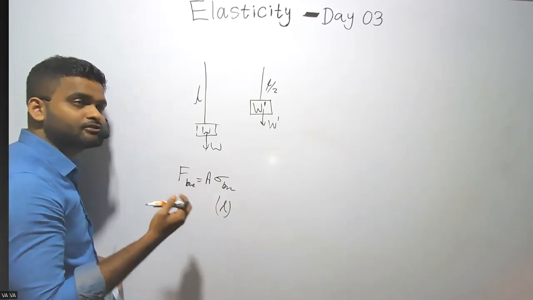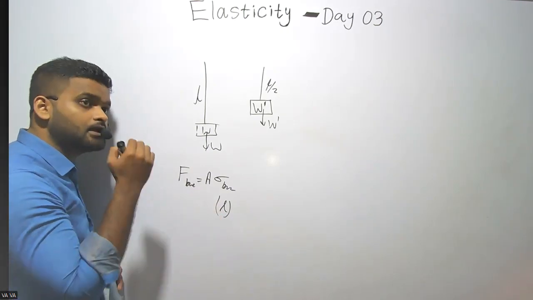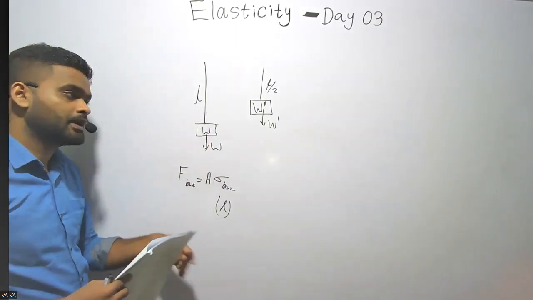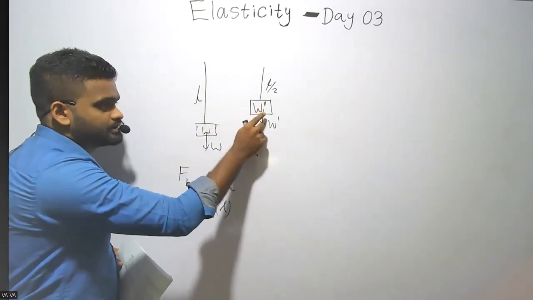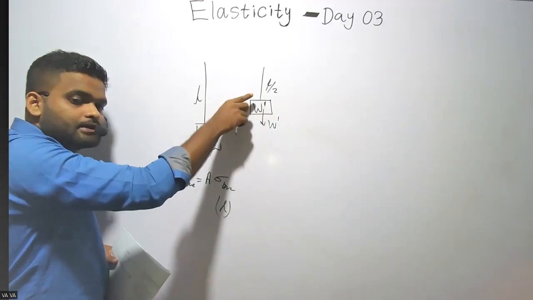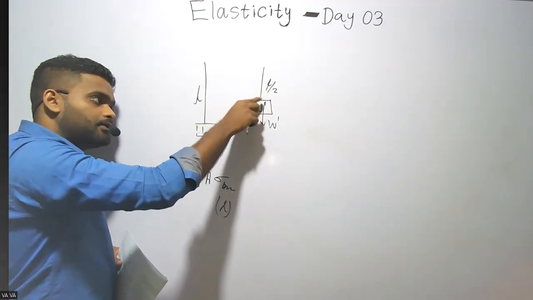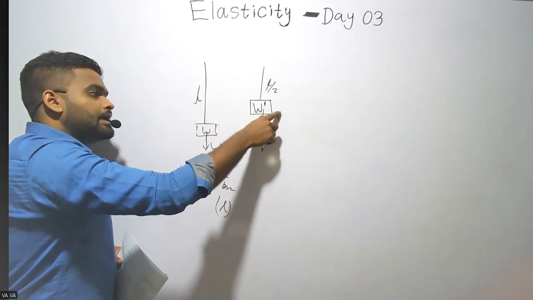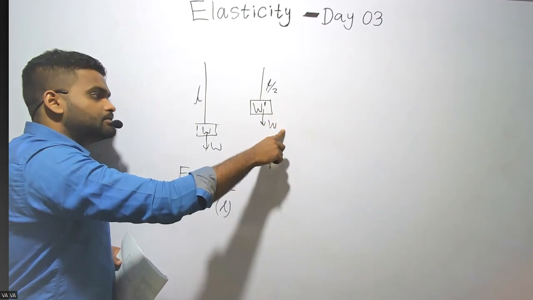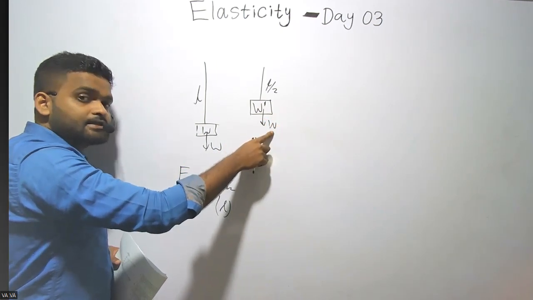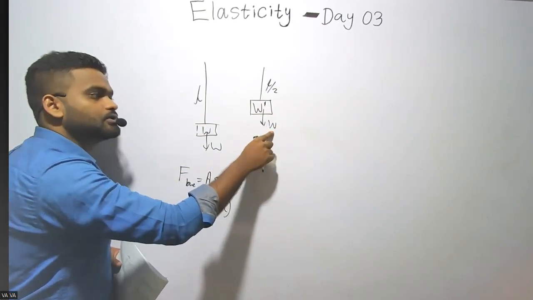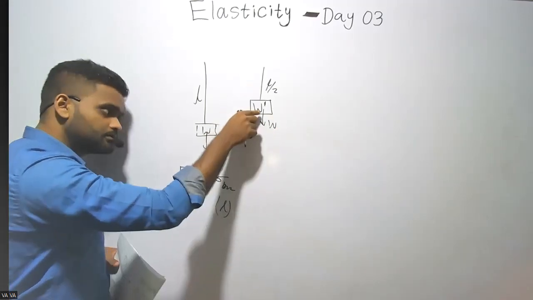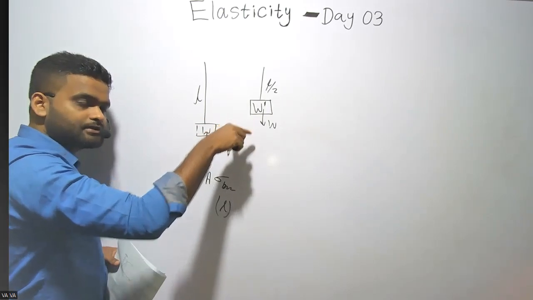Length of the wire does not matter to determine the force at which it would break, right? So here also, just because you take half of the string length, the maximum load that can be applied does not change. So here also it will be W. Breaking load is going to be W.